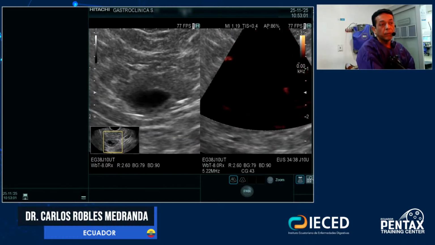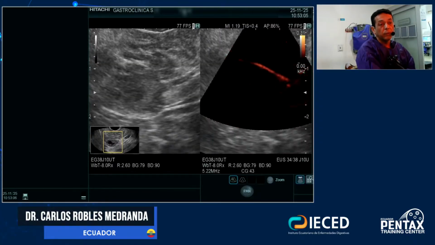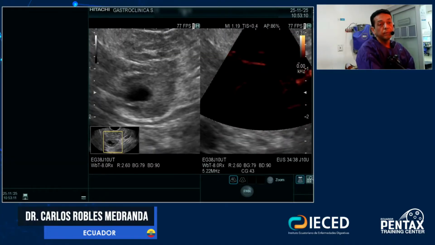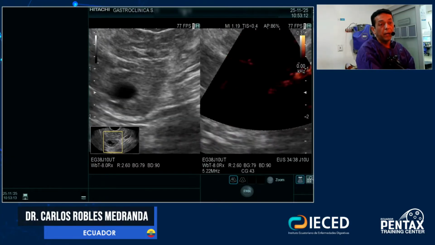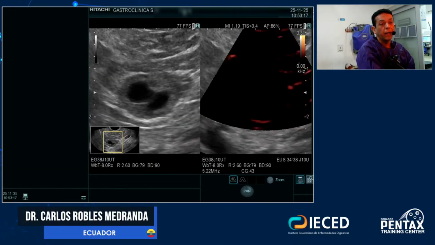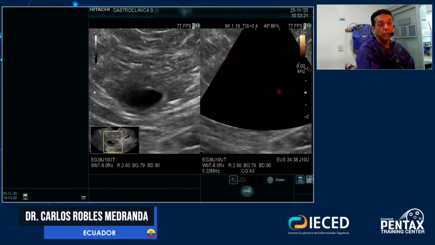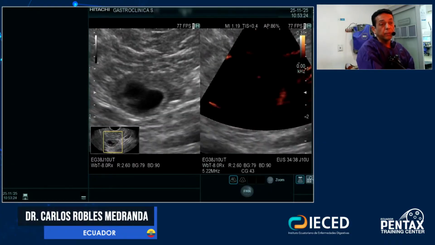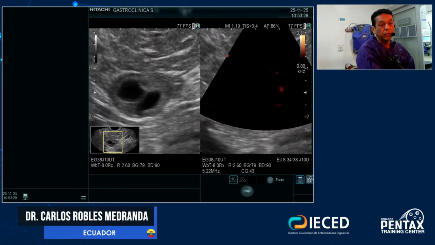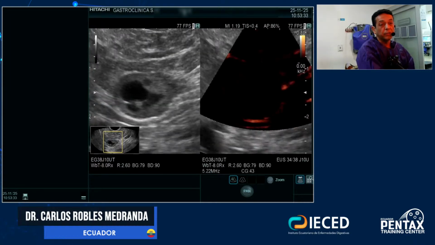But it is necessary, because if not, we cannot give a good diagnosis, and the risk of complication after surgery could be high in inexperienced hands. It could be from 2% to 20%, but for sure morbidity is up to 20%. So this is a kind of lesion that we need to evaluate very well to make the right decision with the patients, right?